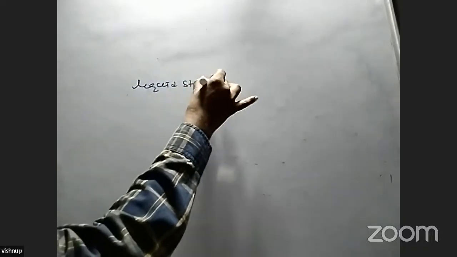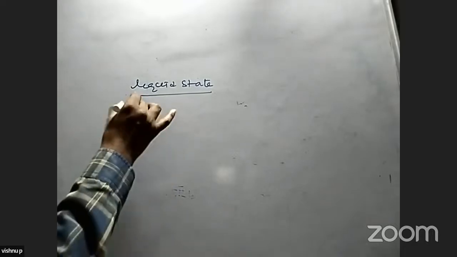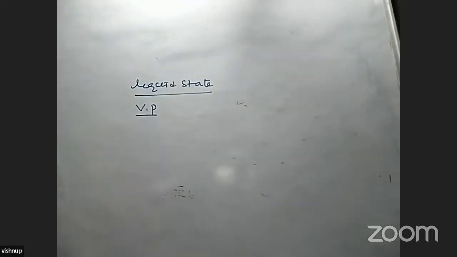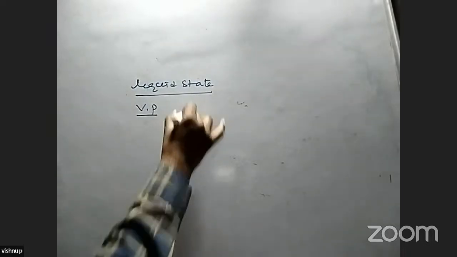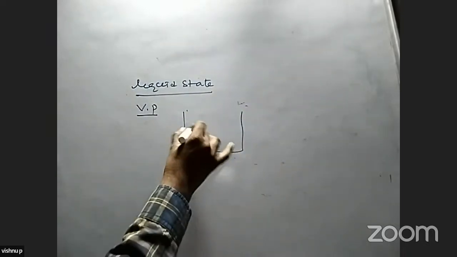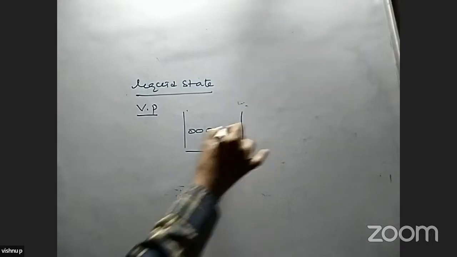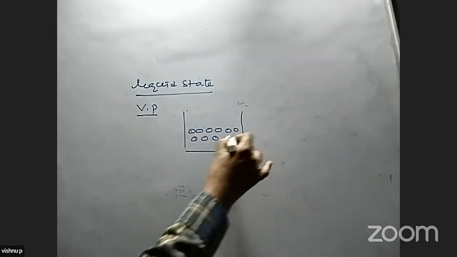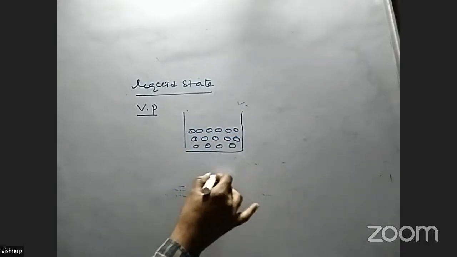And next is the liquid state. What is the liquid state? A liquid shows some properties, the first being vapor pressure. What is the meaning of vapor pressure? If you take a liquid, this is the surface molecules, these are the bulk molecules.